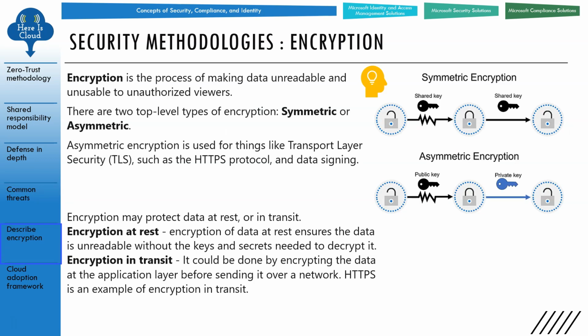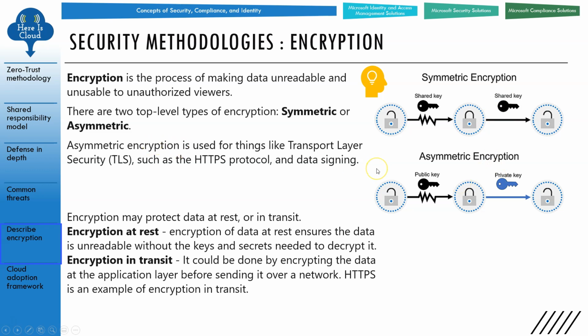Encryption is important, not in depth, but as a high-level concept: it is a process to make data unreadable and unusable to unauthorized viewers. As you can see, we encrypt the data using a key, and a similar kind of key could be used to decrypt that data. The difference between symmetric and asymmetric encryption should be known.